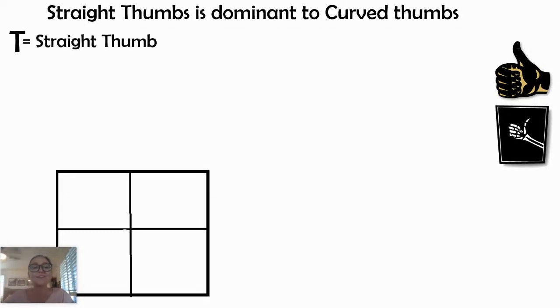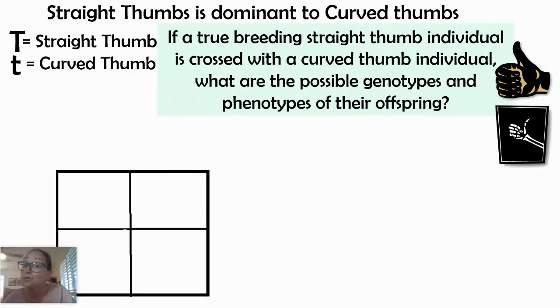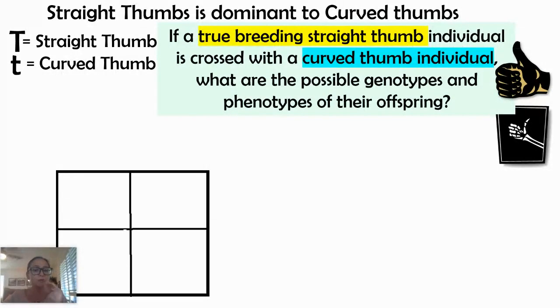Anyway, so a straight thumb is dominant and a curved thumb is recessive. So our problem says, if a true breeding straight thumb individual is crossed with a curved thumb individual, what are the possible genotypes and phenotypes of their offspring? Okay, so true breeding is another way of saying homozygous.